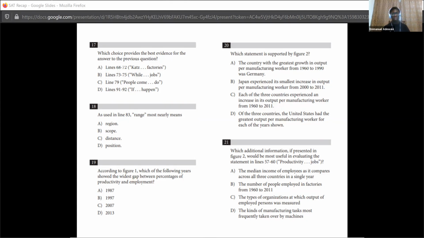Or D, of the three countries, the United States had the greatest output per manufacturing worker for each of the years shown. So, again, you want to take a look at figure 2 at the end of the passage and look through it to see which of these statements are backed up by what we see in the figure.